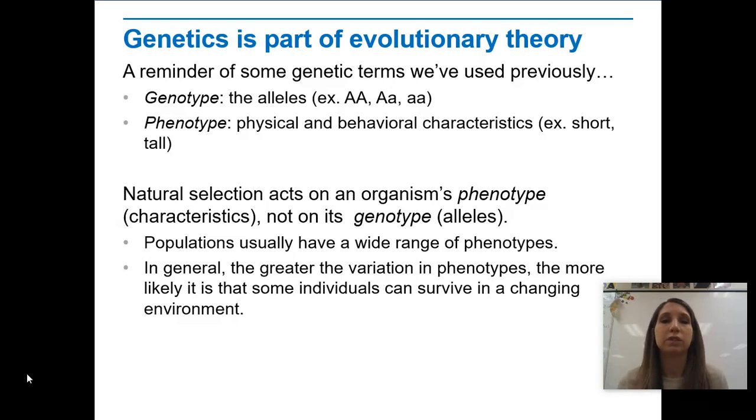Okay, so when we talk about natural selection and evolution, we're really looking at the impact on a phenotype. So nature doesn't know what copies and what combinations of alleles you inherited from your parents. All that nature knows, and I'm using that term loosely here, but all that nature can select for is whatever it can see, right?